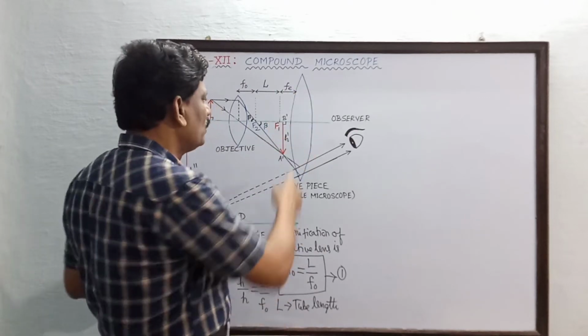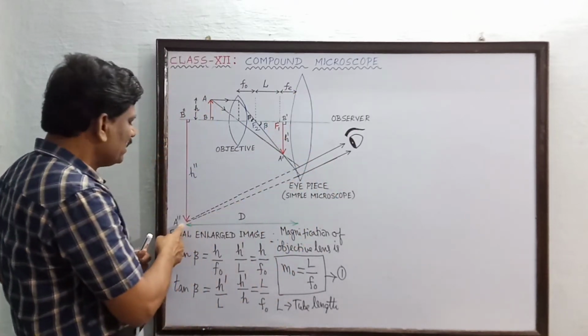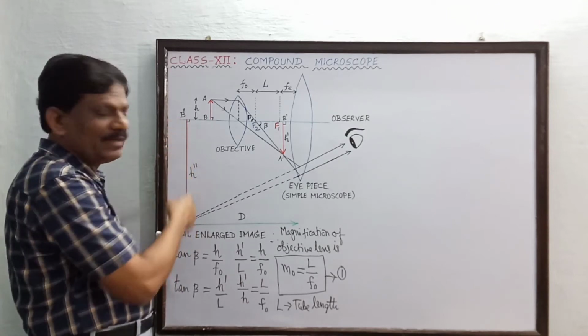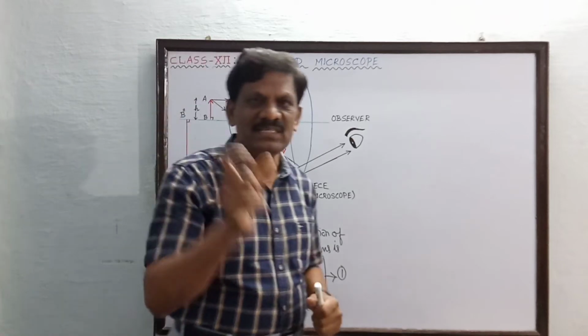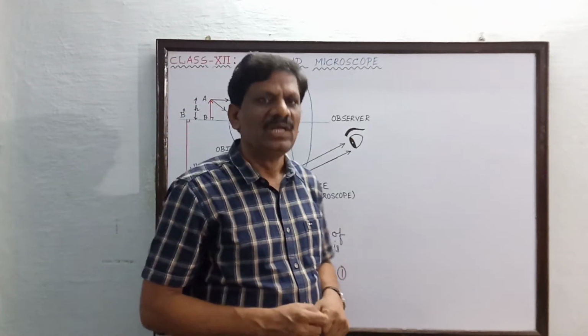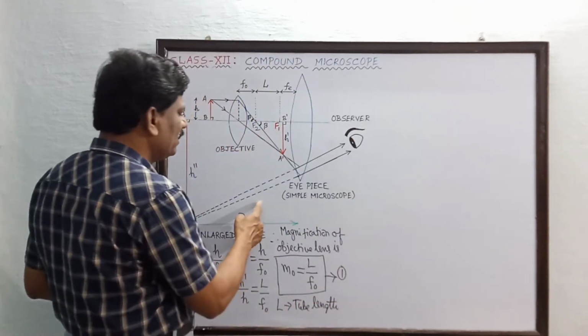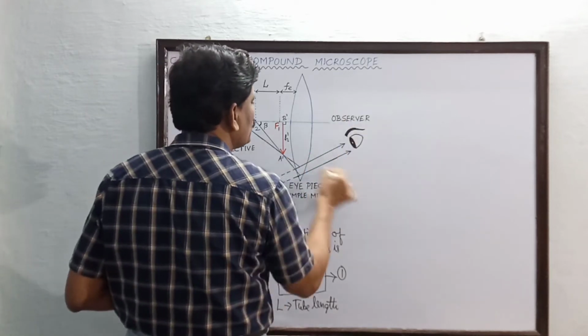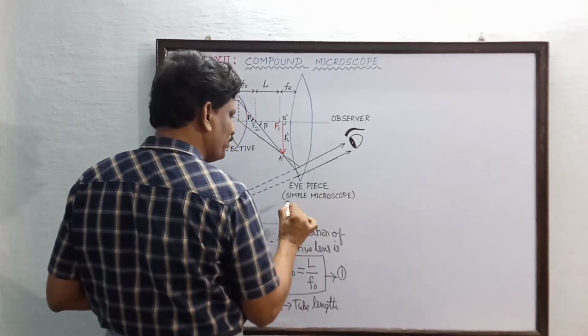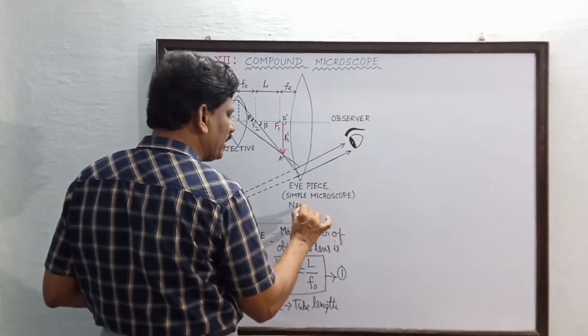Understand? So the final image is formed here, A double dash B double dash at a distance capital D. That is the least distance of distinct vision. So this is in the near point focusing.